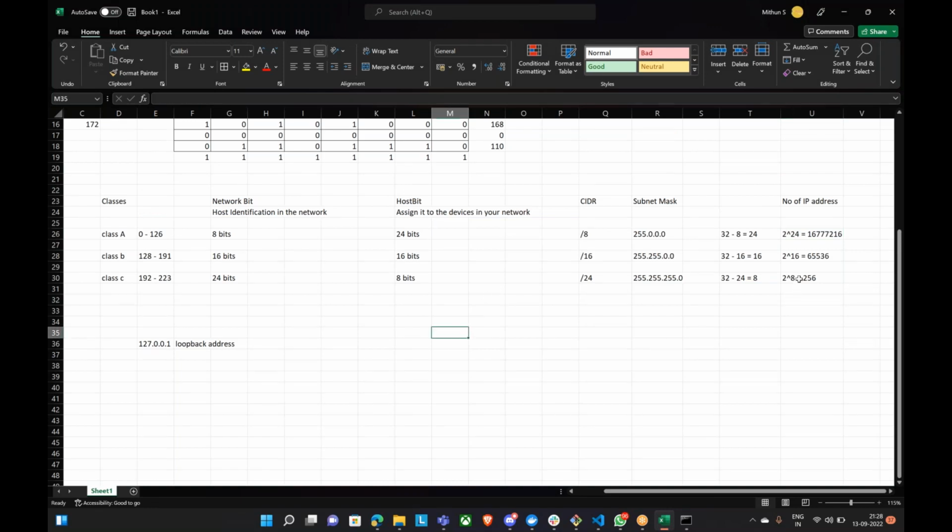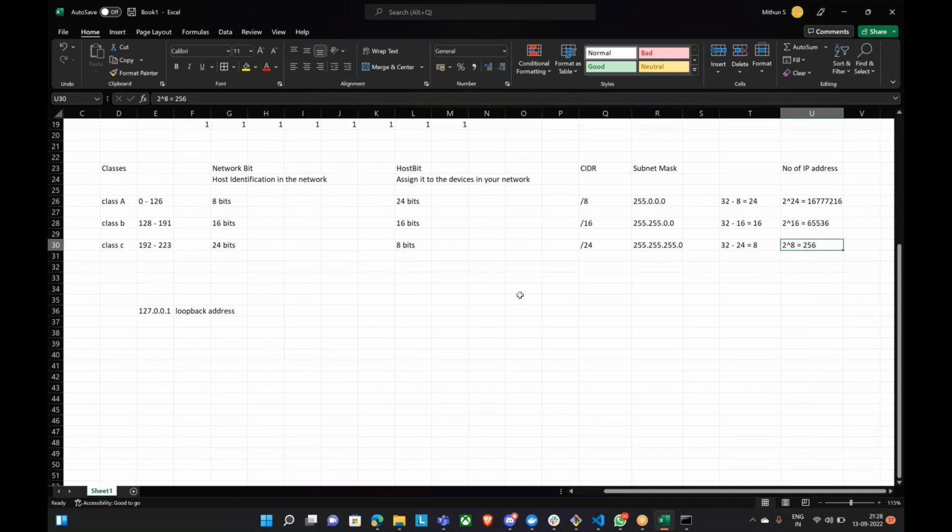Suppose I take the smallest network first, otherwise you will get confused about how we can divide. Before we divide, 2 power 8 is equal to 256. So how will the IP address start? It will start from 192.0.0.0.